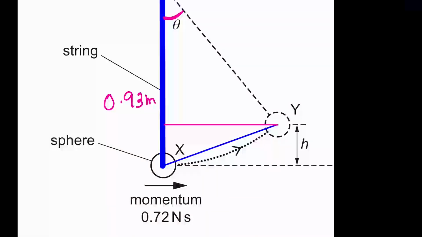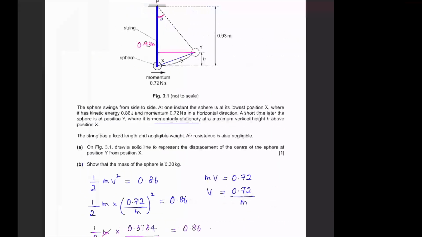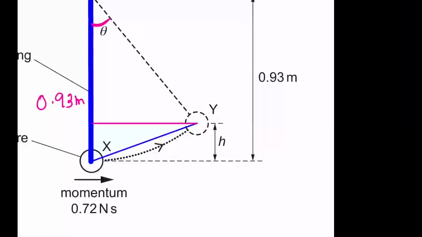So we found the h to be 0.29 meters. H is 0.29 meters. Look at this. I will take this triangle.